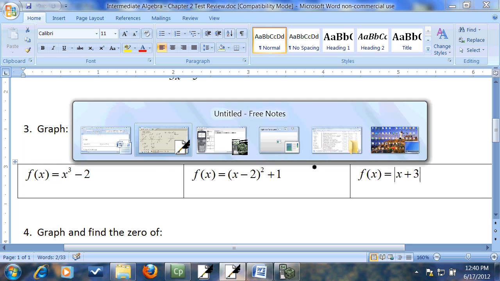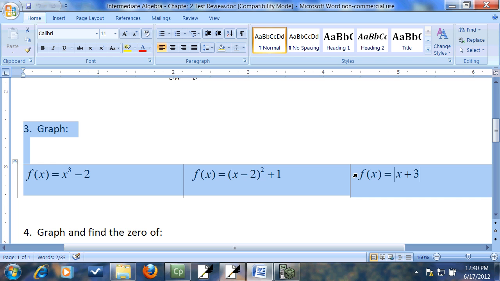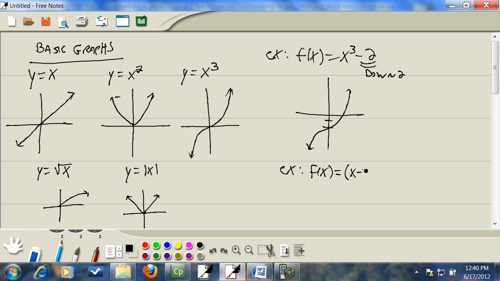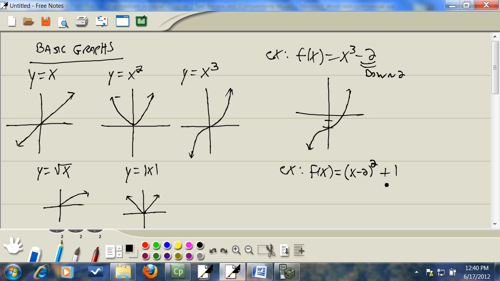Our next one is f of x is equal to x minus 2 squared plus 1. Well, the number at the end is going to shift it up or down. The plus 1 means this is going to be up 1. When your number's inside with the x, then it's going to be left or right, opposite what you think.